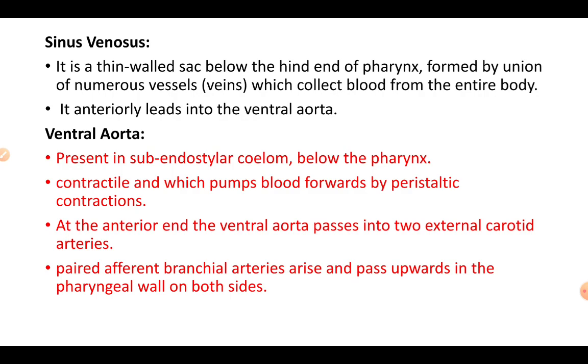Blood from different parts of the body is collected and poured into this sinus venosus through a number of veins, and from the sinus venosus the blood is pumped forward into the ventral aorta.